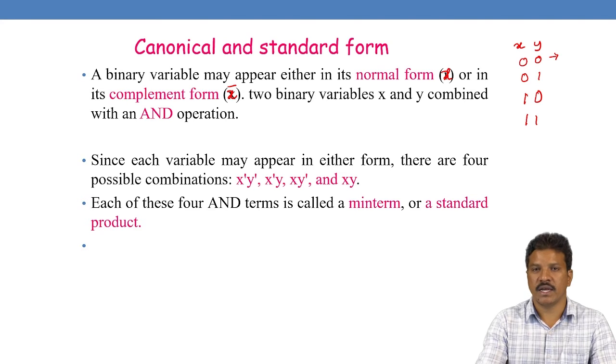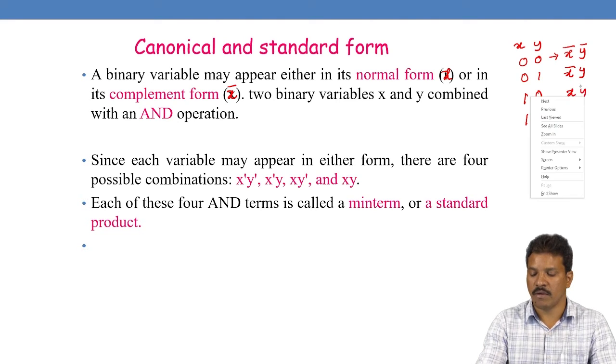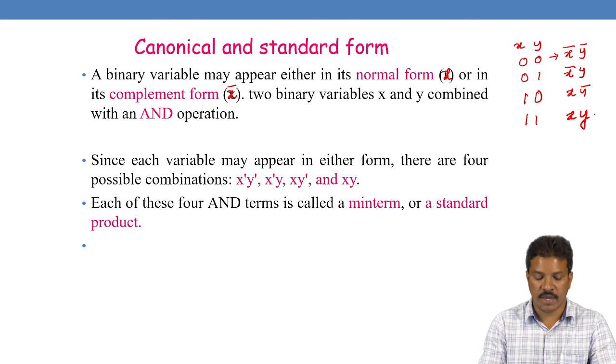When we represent them in variable form, a 0 corresponds to the complemented form of that variable. So we get x bar y bar, x bar y, x y bar, and x y. These are the four combinations.